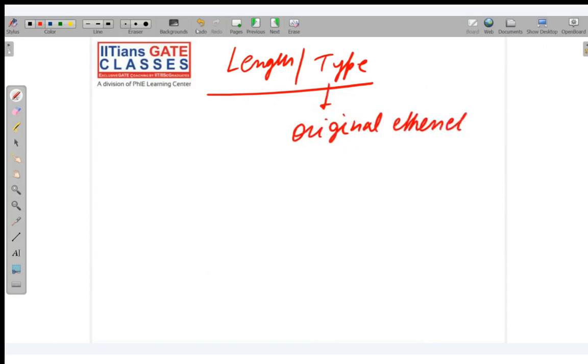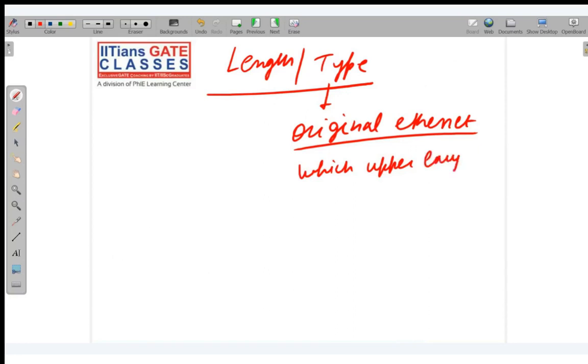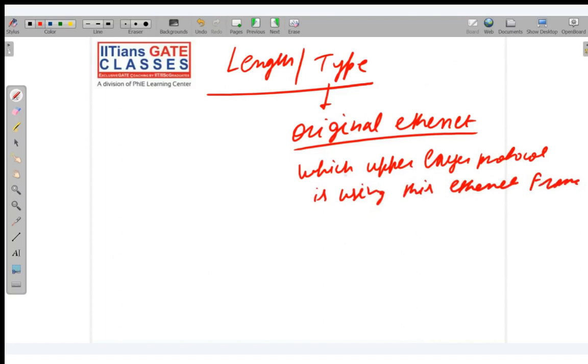Type field means which upper layer protocol is using this MAC frame or Ethernet frame.